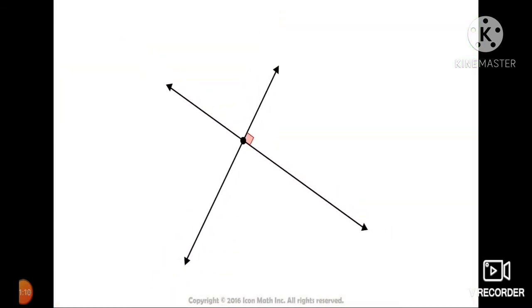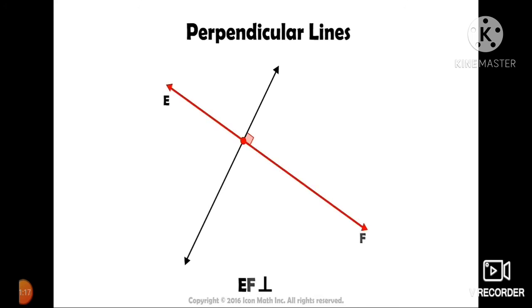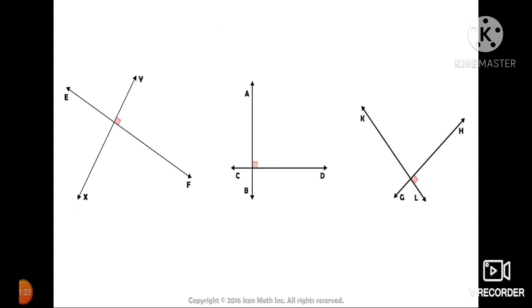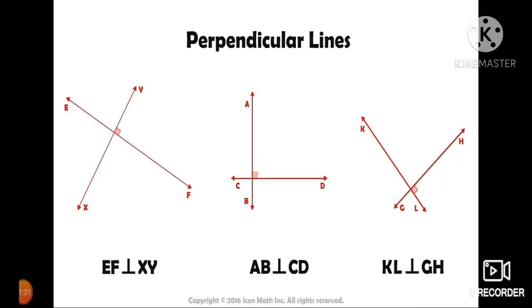Next one is perpendicular lines. What are perpendicular lines? Two lines are said to be perpendicular if they meet or intersect at a right angle, and the angle formed by the two lines is exactly 90 degrees. The symbol of perpendicular: EF is perpendicular to XY.